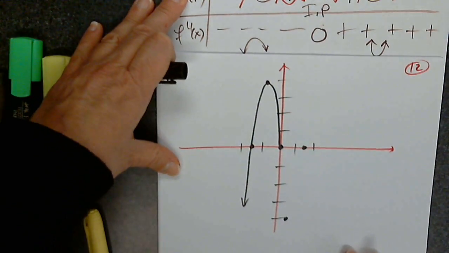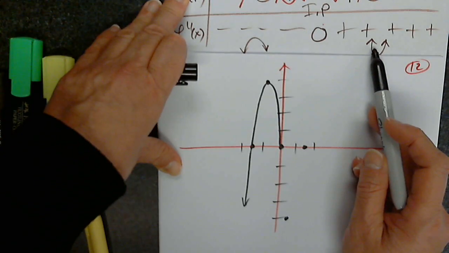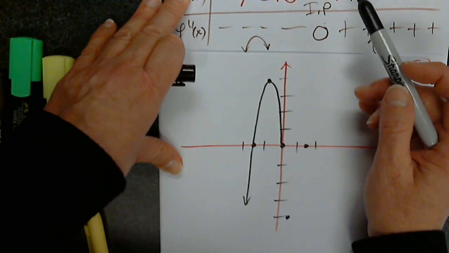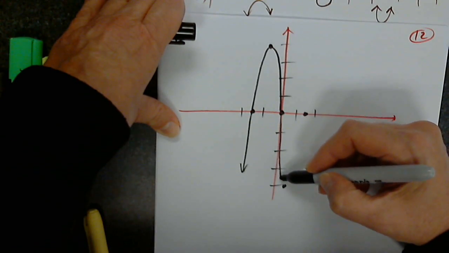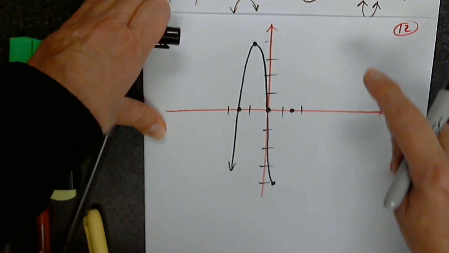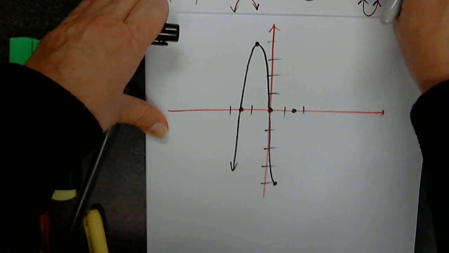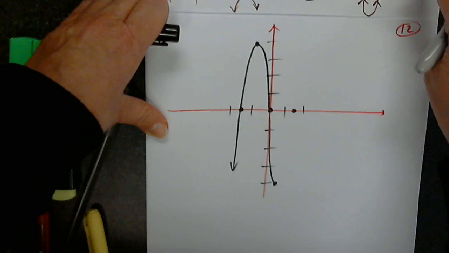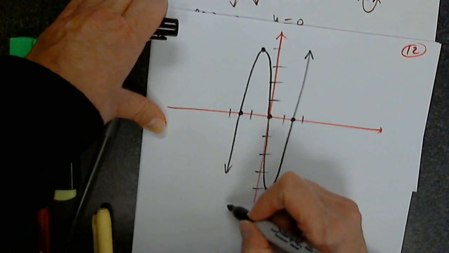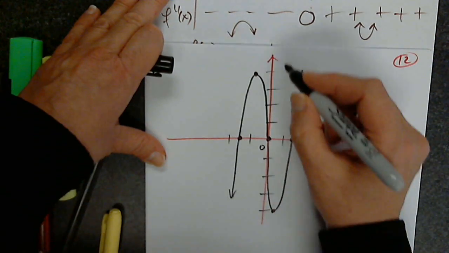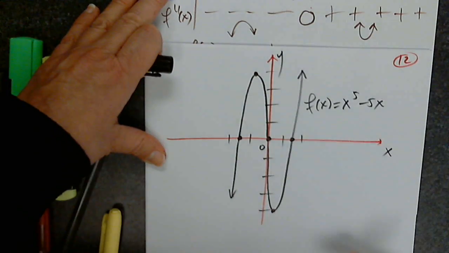There it has an inflection point, because all of a sudden it starts opening upward, and it's further decreasing to this point. But now it's increasing from this local minimum. It's increasing to this point, 1.5, comma 0, and increasing further to infinity. So this is our f of x, x to the fifth minus 5x.